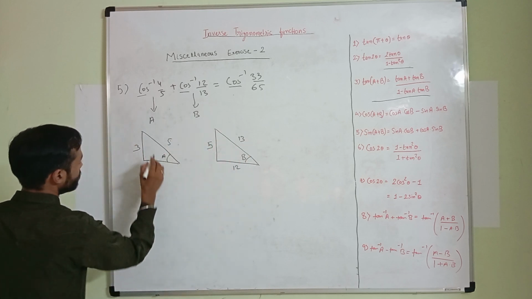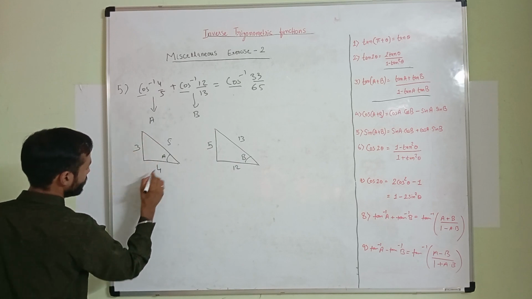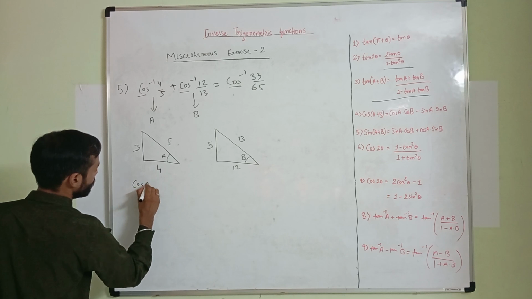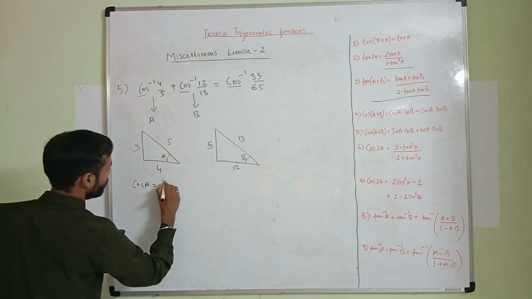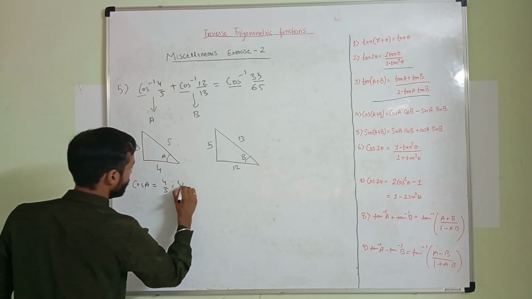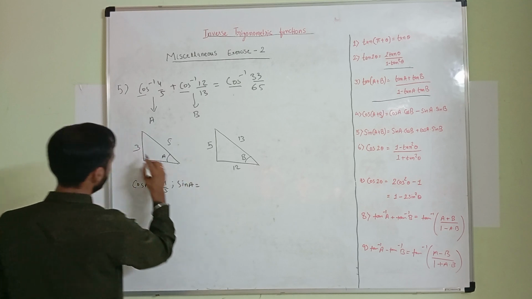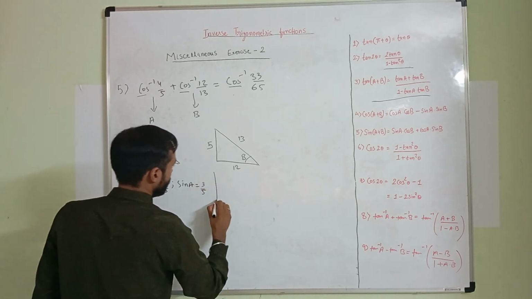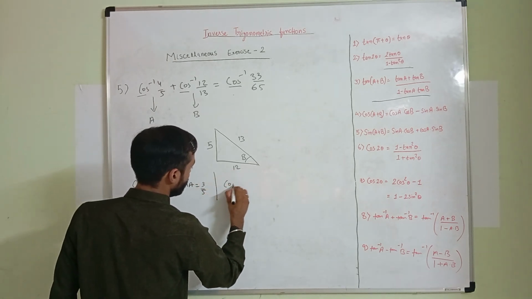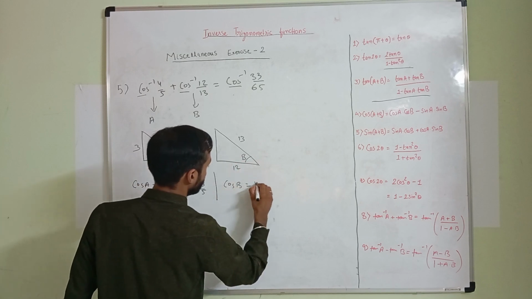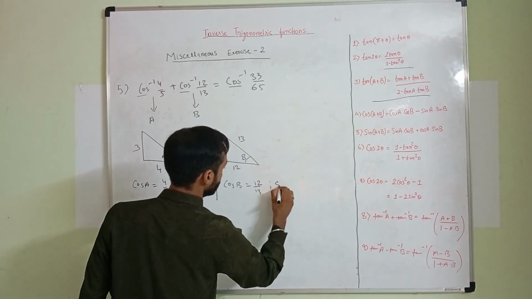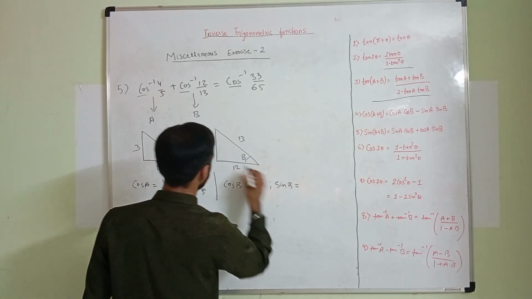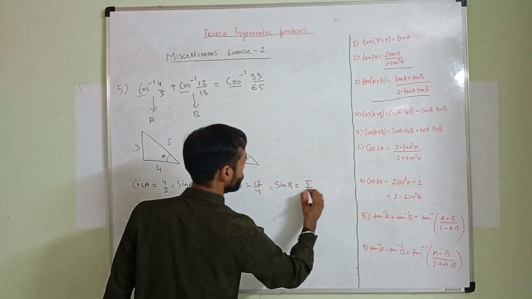Now we will take all the values: cos A will be 4 by 5 and sin A will be 3 by 5. Similarly cos B will be 12 by 13 and sin B will be 5 by 13.